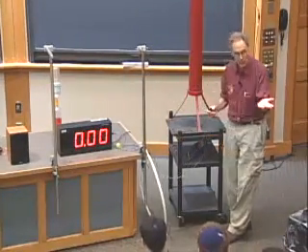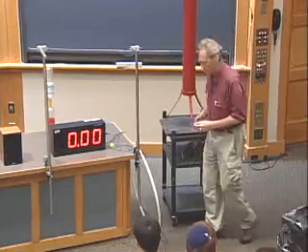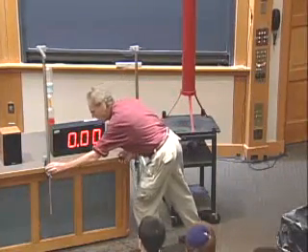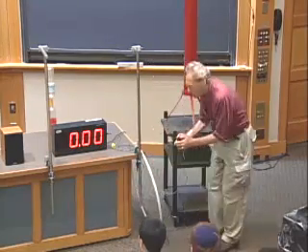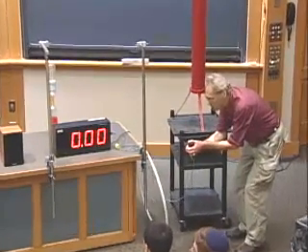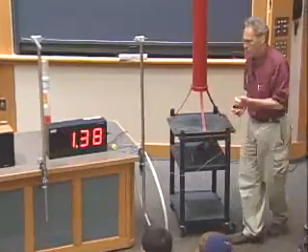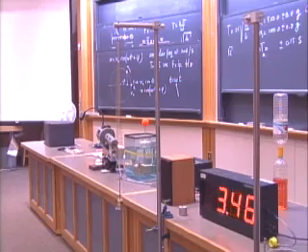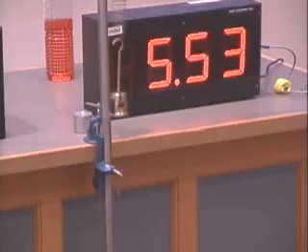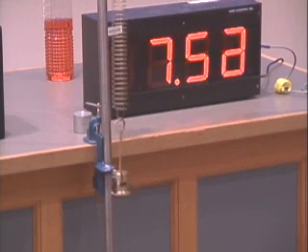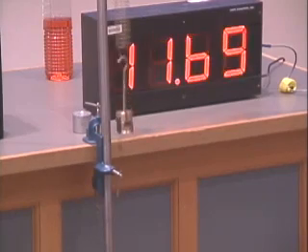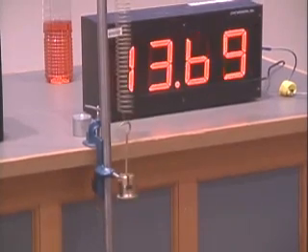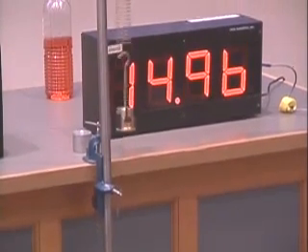And I will count to 10, you will count to 10, and then we'll stop it. So let's give it an oscillation. 1, 2, 3, 4, 5, 6, 7, 8, 9, 10.